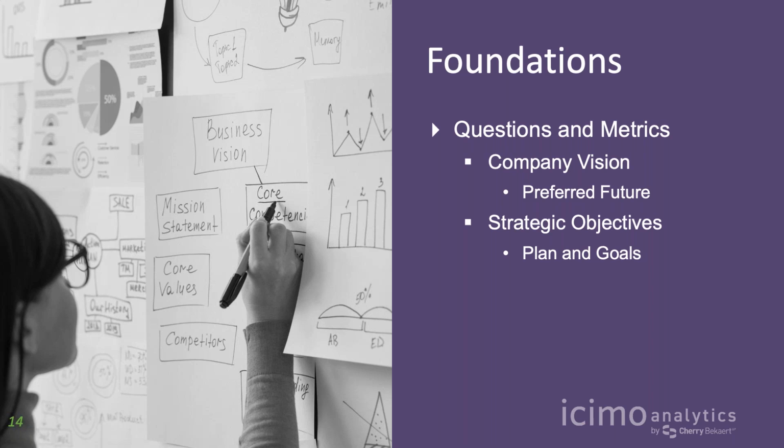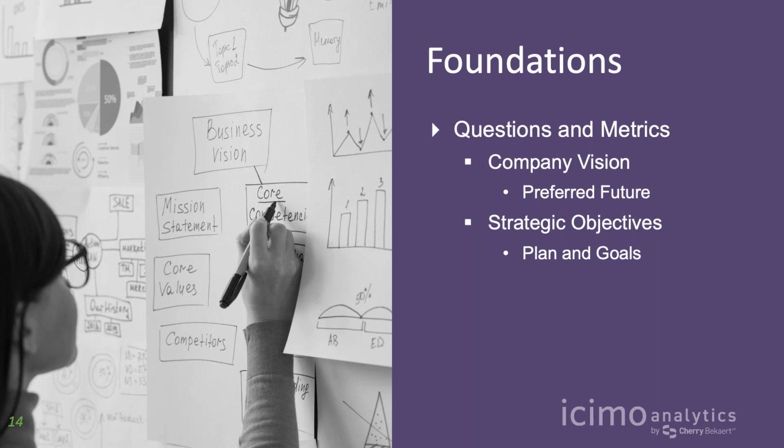Those metrics should really be focused on what your company's vision is. How do we see our preferred future as an organization? And maybe it's in operations or sales or our go-to-market strategy or marketing or technology. And what do we want our preferred future to be, and how are we going to measure our progress towards that preferred future?